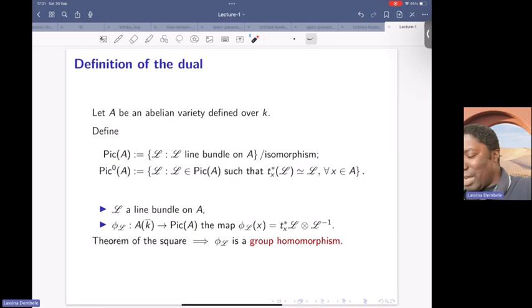So Pic A, for an abelian variety A, is simply the set of line bundles over that variety up to isomorphism.